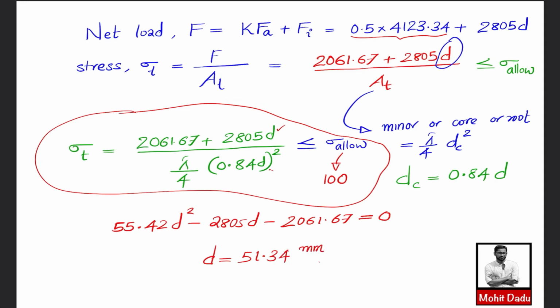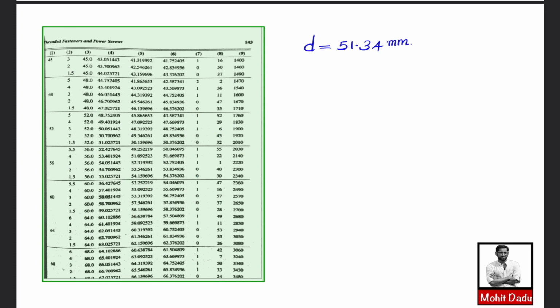So now we have to select a suitable bolt from the ISO metric thread table in the data book for this obtained value. By solving for d, you have obtained a value of 51.34 mm. If you look at this table, corresponding to the basic dimensions for the profiles of ISO metric thread, this is actually table 9.8, which is given on page number 143.